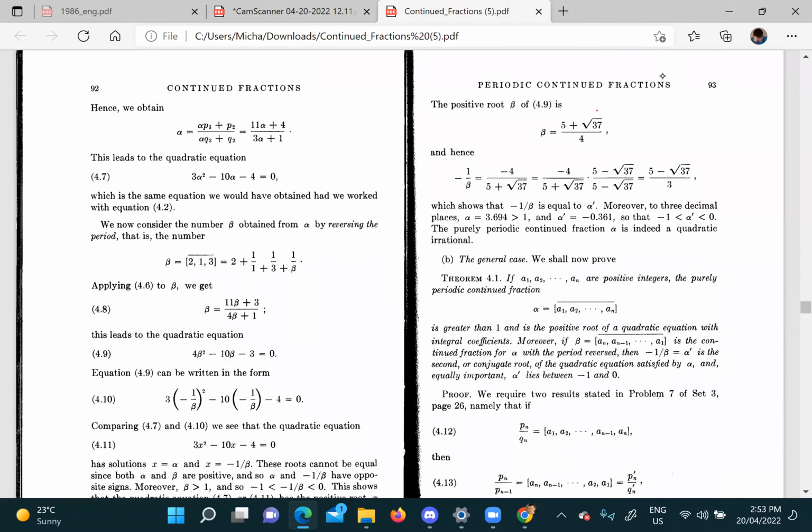Why? Why indeed? I guess this is an example to illustrate the claim of the theorem.